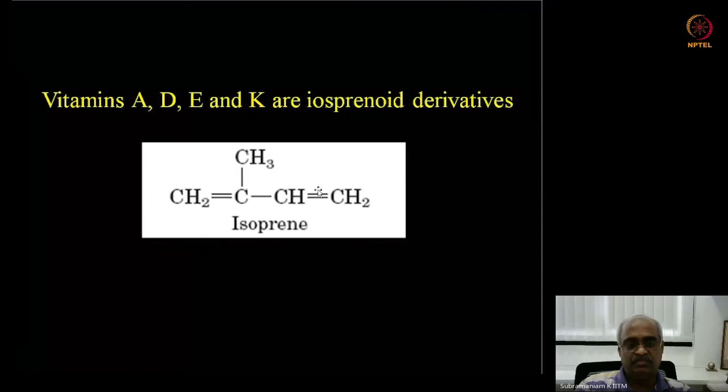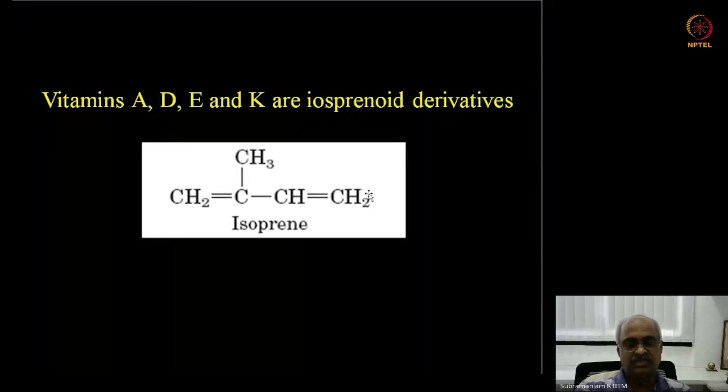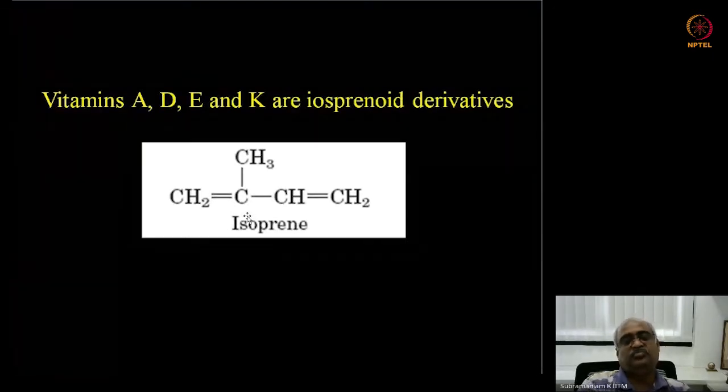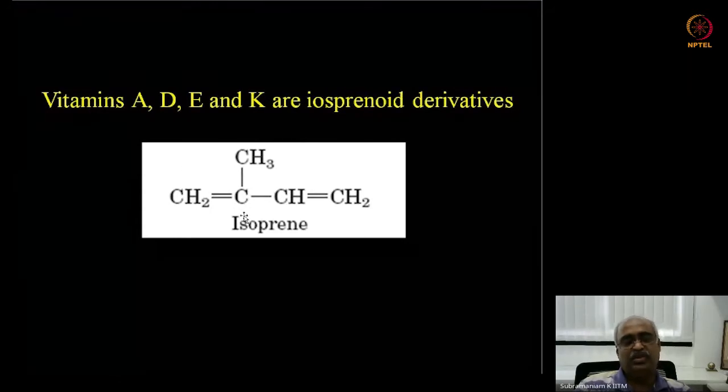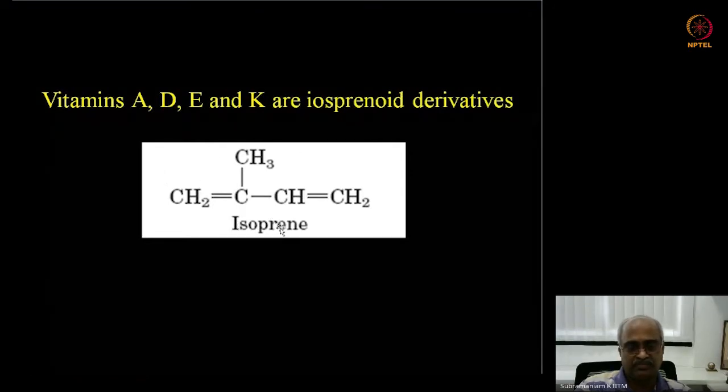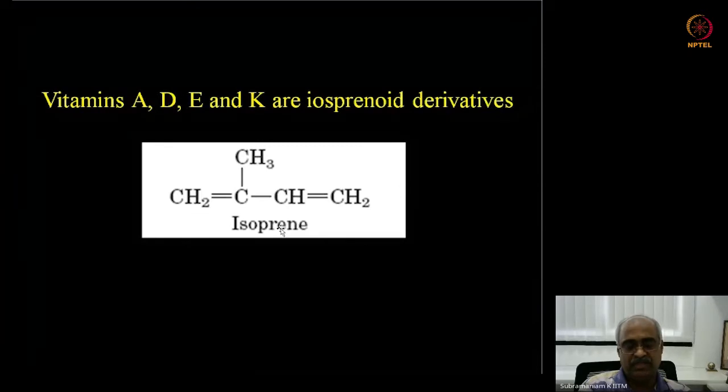This is 2-methyl-butadiene. This is butane if it is fully saturated, and you have two double bonds, therefore it is butadiene, and you have a methyl group at carbon number 2, so it is called 2-methyl-butadiene. That structure repeats in many molecules, and that basic repeat is called isoprene.